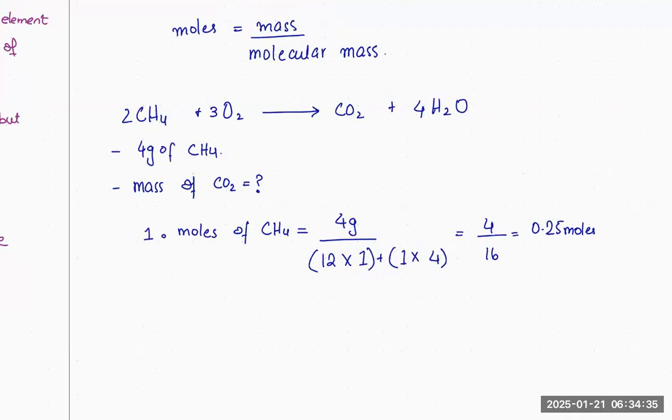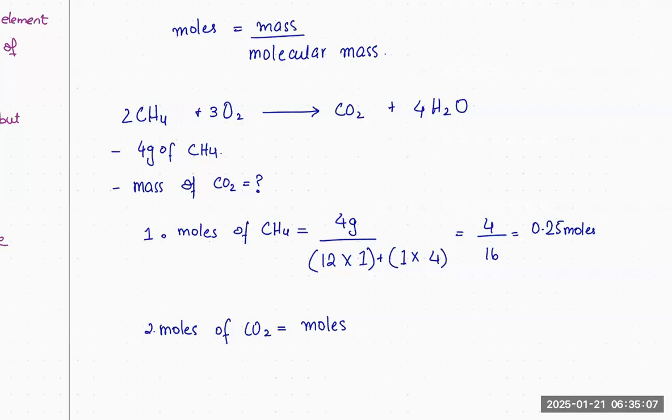After you have calculated the moles of methane, now we have to calculate number 2, the moles of whatever the examiners are asking us in the question. The question is about carbon dioxide, so now we have to find the moles of carbon dioxide. To do that, we are going to employ the mole ratio. Step number 1, you always use a formula, choosing the correct one based on what the examiners give you.